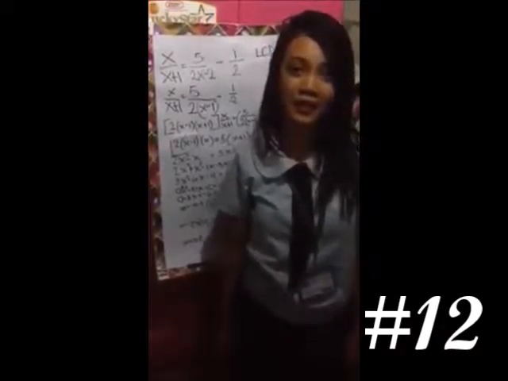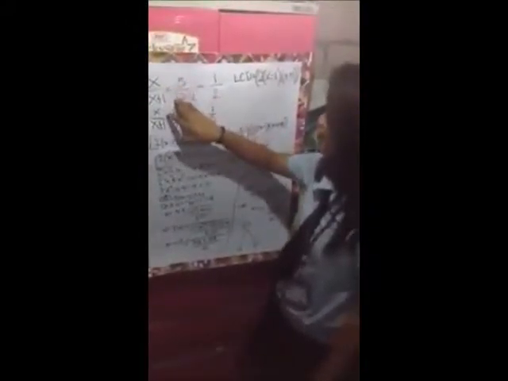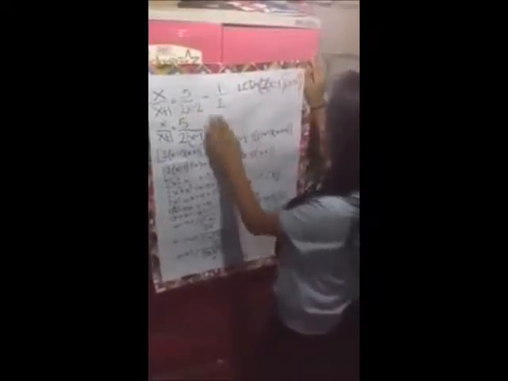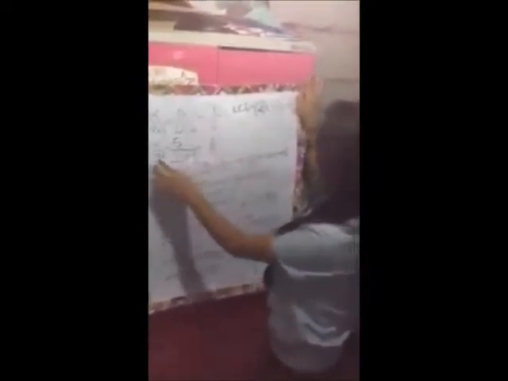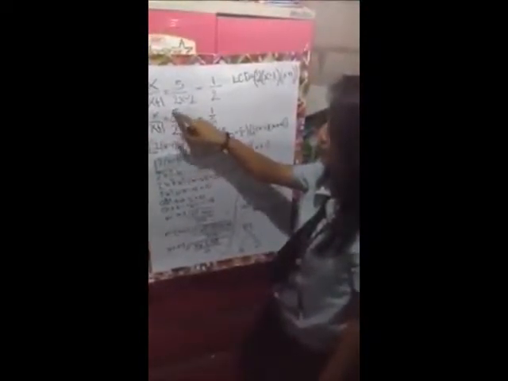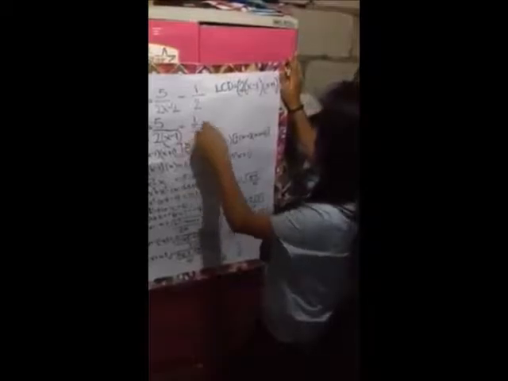My report is all about equation of method. The given problem is x over x plus 1 is equal to 5 over 2x minus 1 minus 1 over 2.